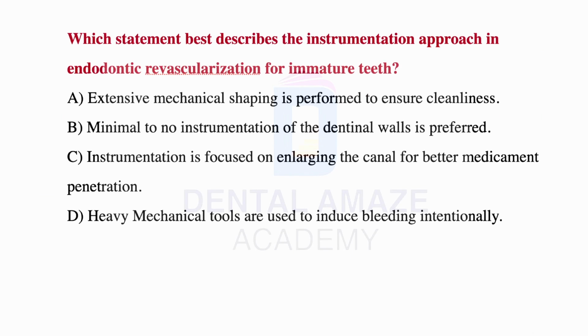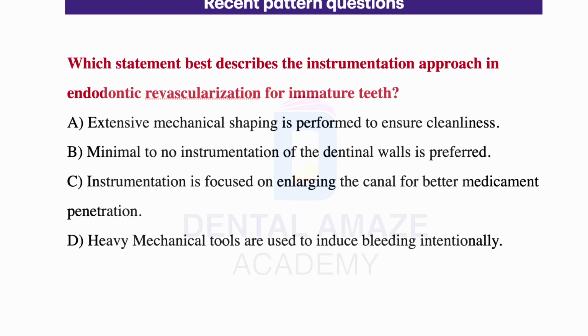So again taken directly from your Cohen: which statement best describes the instrumentation approach in endodontic revascularization? Now, a few things differ from your typical non-surgical root canal treatment. There, you all know that what we do is biomechanical preparation, or to be specific, chemomechanical.